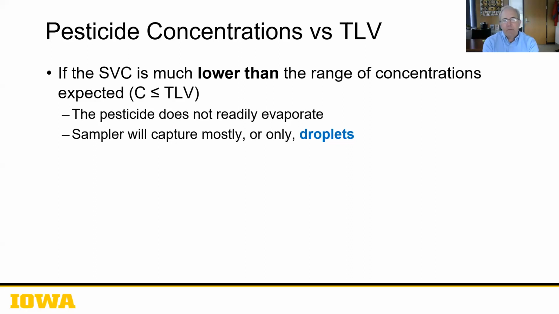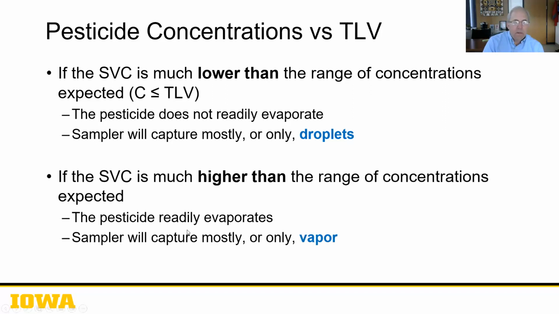So if the SVC, the saturation vapor concentration, which is the most it can possibly be, is much lower than the range of concentrations expected, which we hope is somewhere below the TLV, then the pesticide is probably not one that is readily evaporating, and the sampler will capture mostly droplets because it's just not capable of a quick evaporation. And conversely, if the saturation vapor concentration is much higher than the range of concentrations expected, then the pesticide is readily evaporating and you're going to end up with mostly or only a vapor.